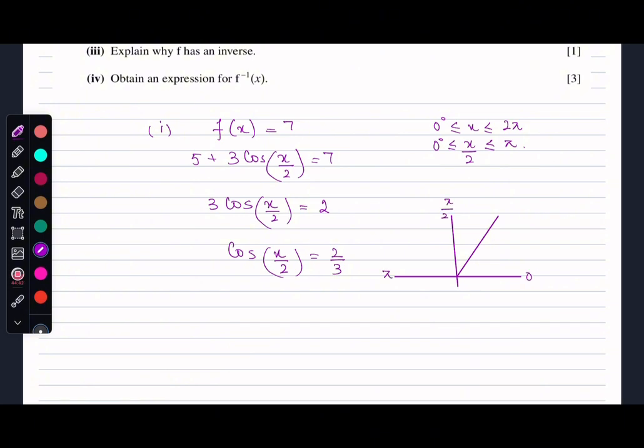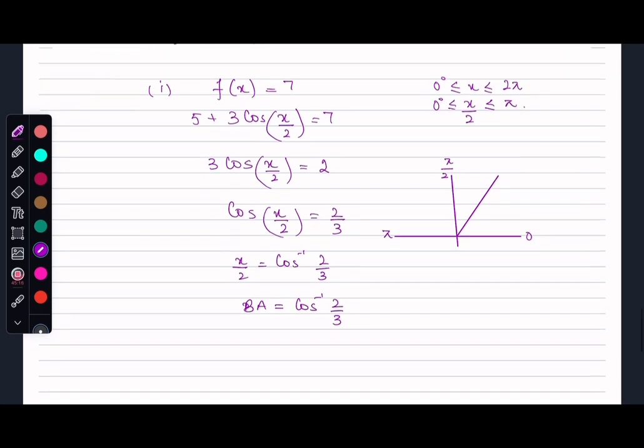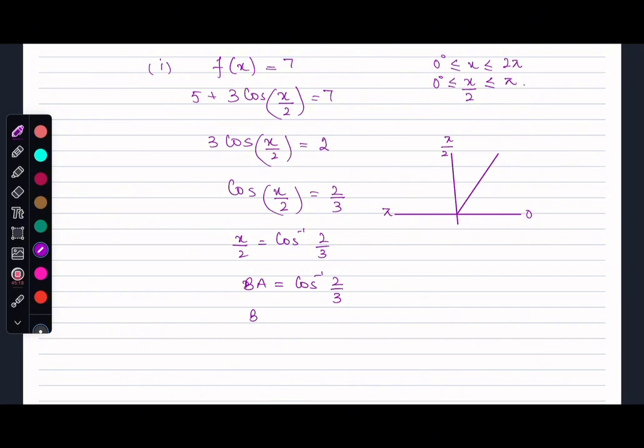So let's get the cosine inverse of 2/3. The basic angle here is cos inverse 2/3, and this value comes out to be 0.8411 radian.